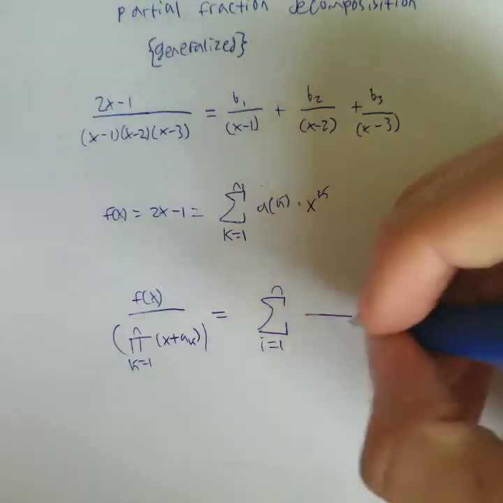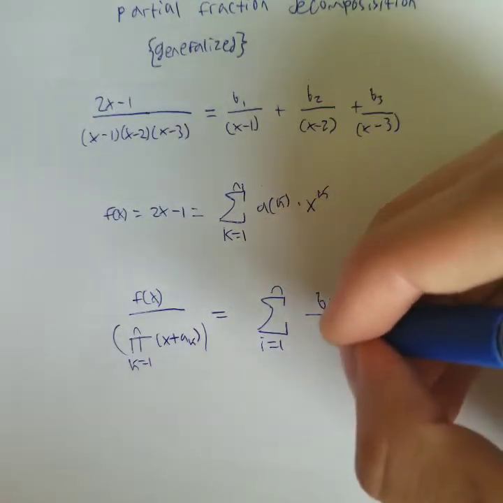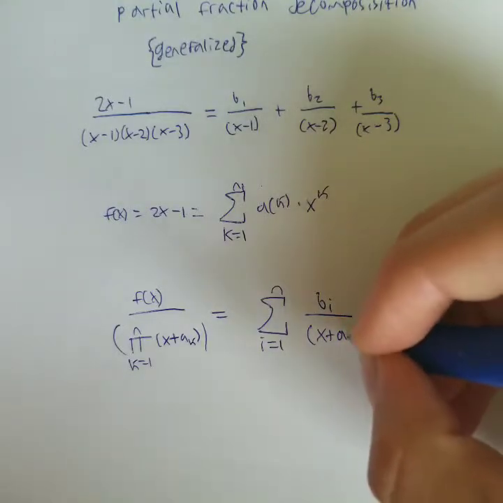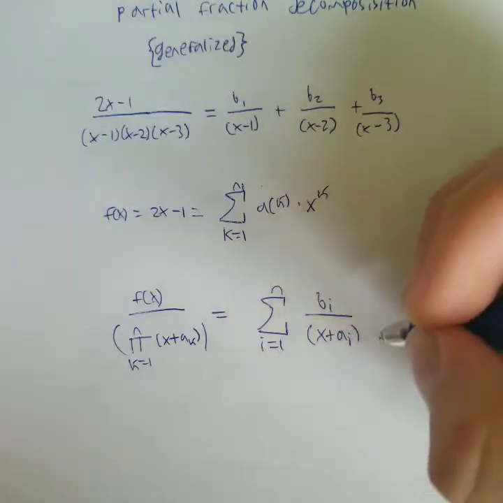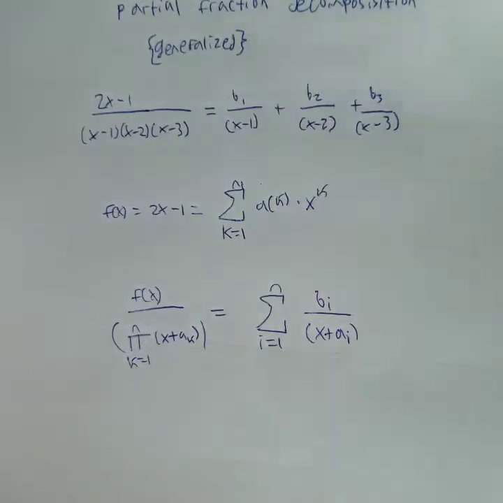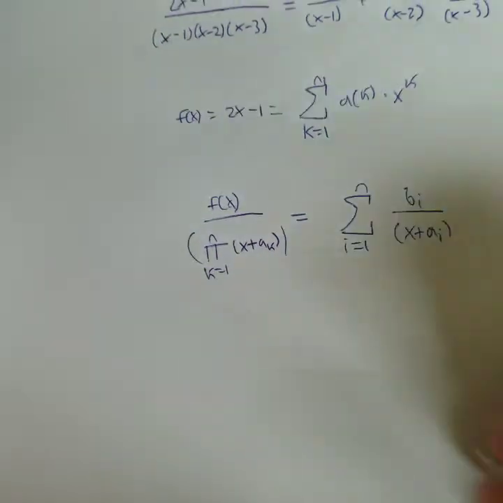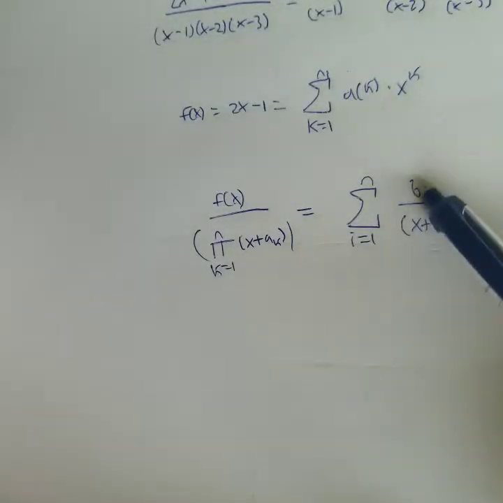You have b i on the top and x plus a i on the bottom. Now we can write this out, and we must find b i.